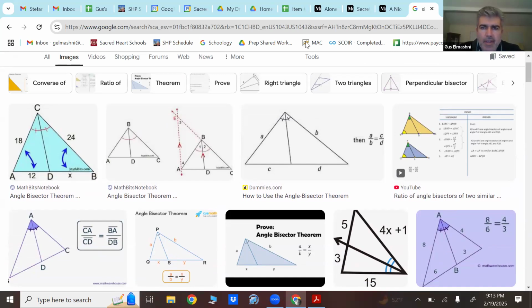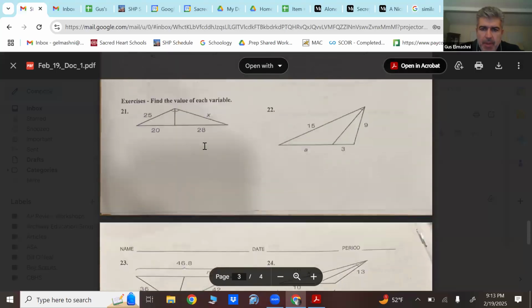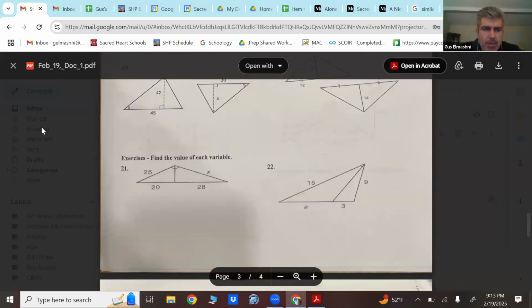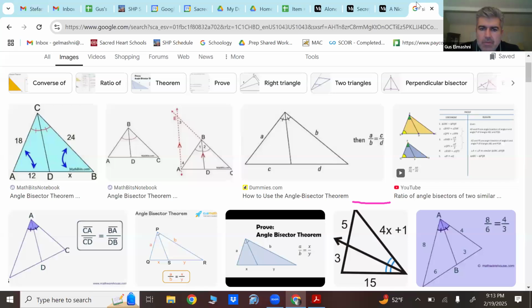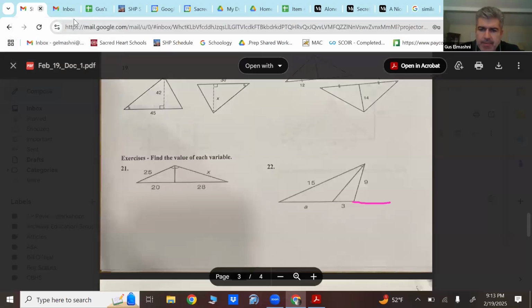Okay, so I think here's what's happening. Let's come back here again. If I were to do something parallel, okay, that bisector.